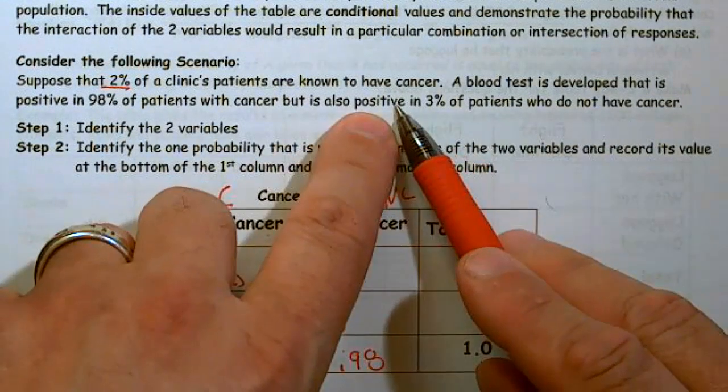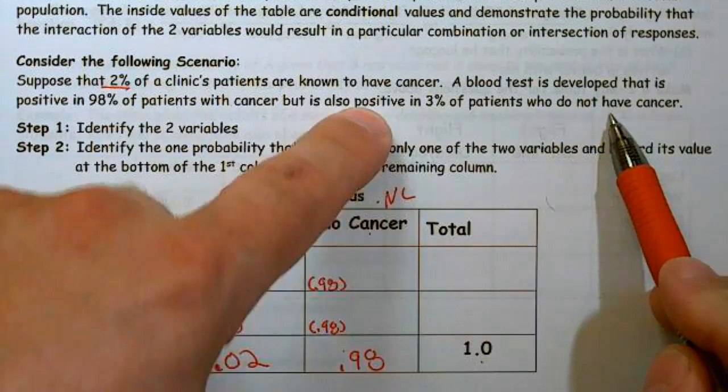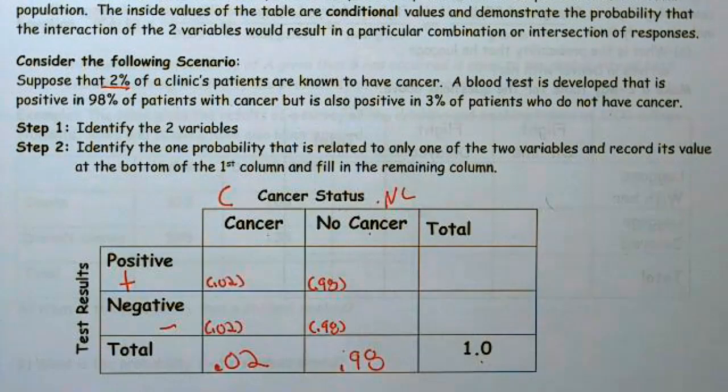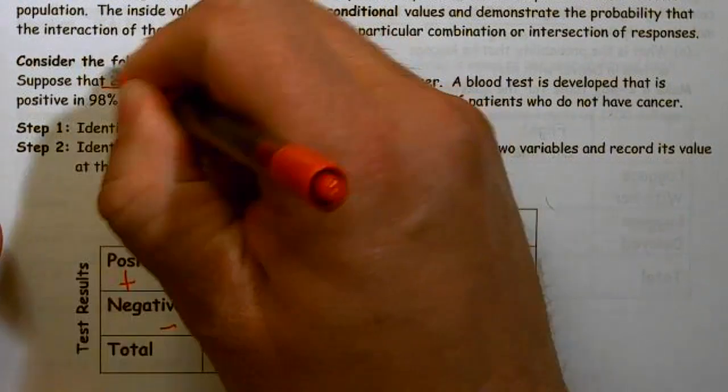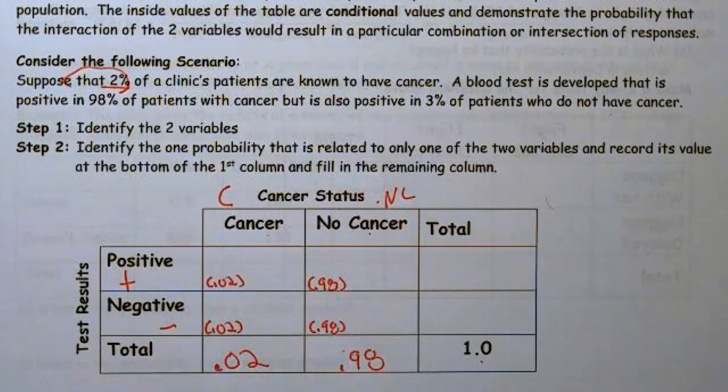So once again, test status plus cancer status. So consequently, those were associated with more than one variable. So we always want to find the ones associated with one variable, which in this case was the 2%, which is only associated with cancer status. So that number we always want to put there. It just makes our life a lot easier.